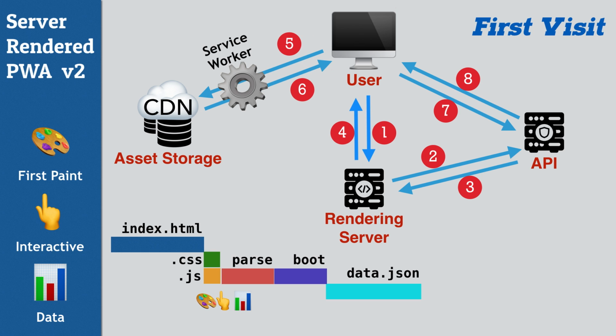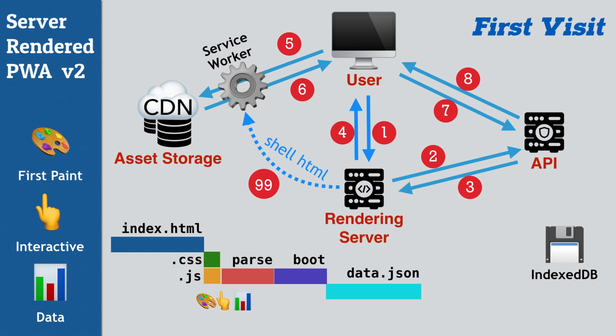In this case, we pass through the service worker because it won't have any cache data for us, go to our CDN, retrieve the assets, and then come back. So this basically matches a server-side rendering case. Additionally, once our app is done booting up and the user starts using it, we will ask our rendering server for the shell HTML, and we'll create or migrate our IndexedDB and start populating it with records.